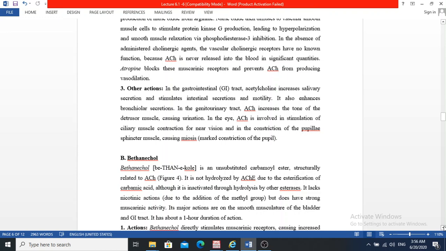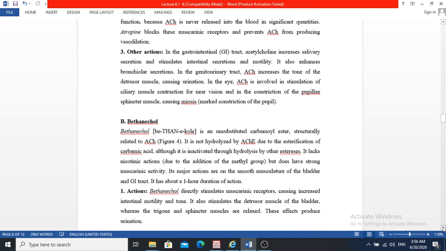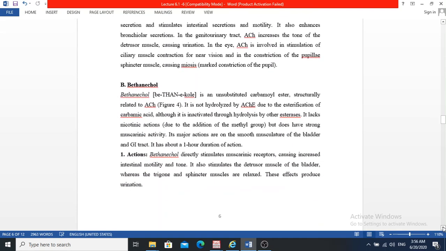Let's come to the acetylcholine-like drugs or medicines. Bethanechol is an unsubstituted carbamoyl ester structurally related to acetylcholine.